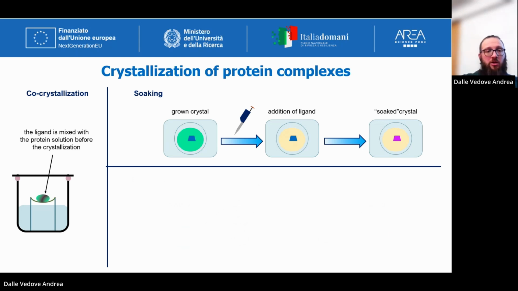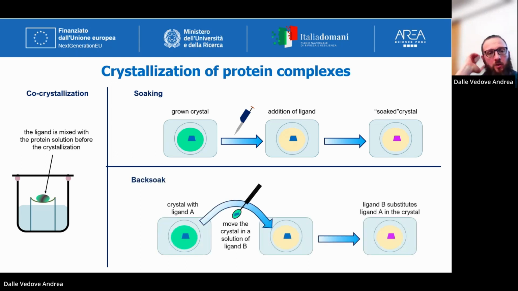One slight variation of this is what can be called back soak or back soaking. The only difference is that we start already with a co-crystal of protein plus ligand. We move it in a solution with a new ligand that I labeled ligand B here for the sake of extreme simplification.